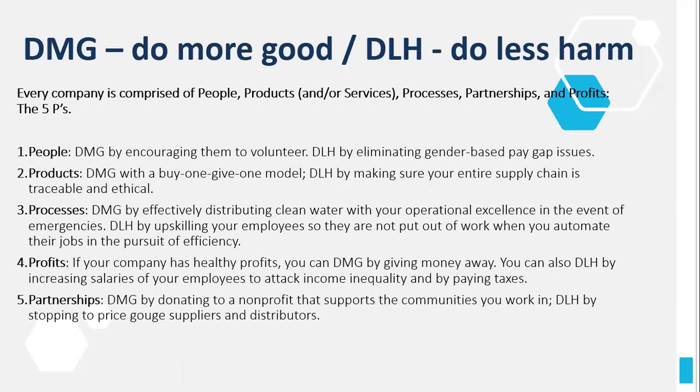Processes, to benefit, distribute clean water, and then costs, ensure that employees upskill. Then profits, give money away in philanthropy for benefits, and then increase salaries of your employees to reduce harm, attacking inequality, and by paying taxes. Partnerships, donate to a nonprofit that supports communities to benefit, and then reducing harm, don't cut.